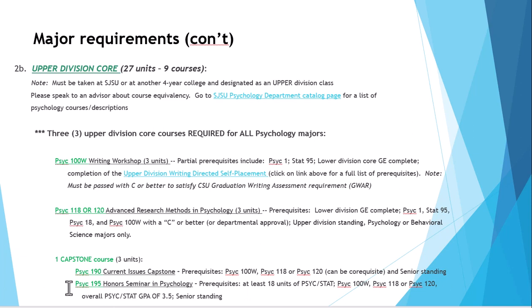You can read more about what the criteria are for earning honors in psychology on our psychology advising page. Okay, so again, these are the 3 required upper division core courses. Make sure that you take them in this order. Okay, 100W first, then 118, and then your capstone.